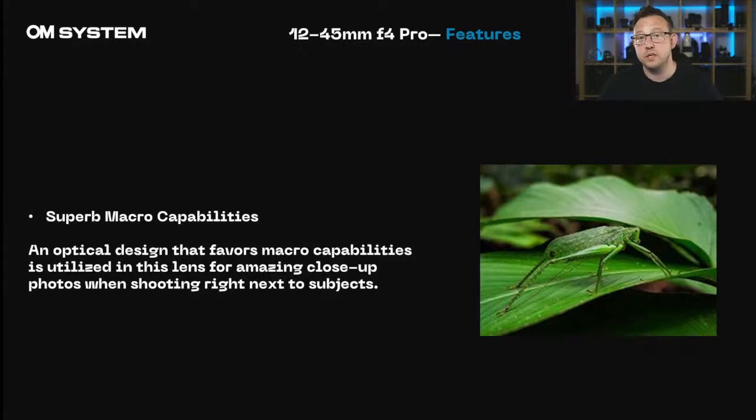But in terms of focusing super close to a subject and getting that macro or close-up look, both of these lenses are fantastic in that area, as you can see here from this very, very cute looking, I want to say grasshopper, but I'm not that familiar with that particular insect.